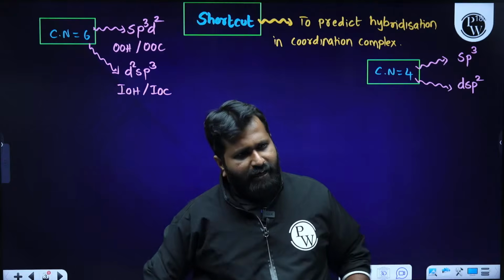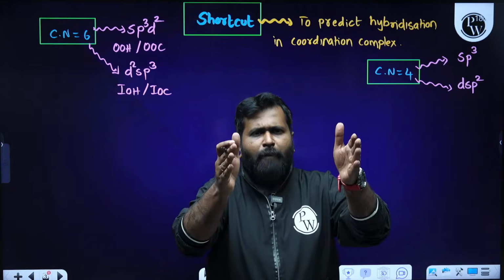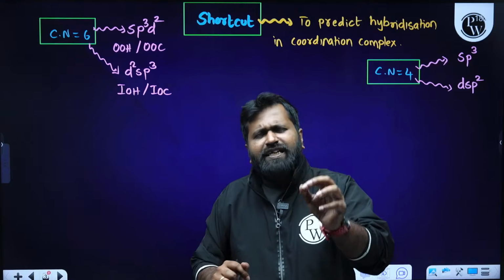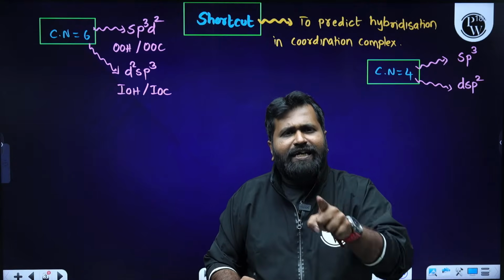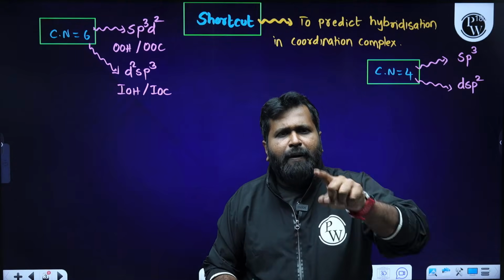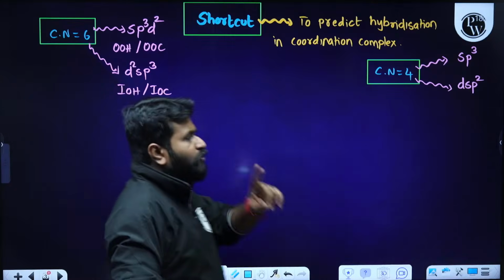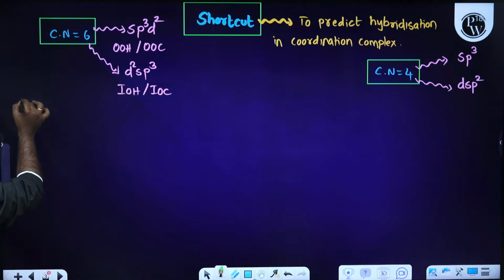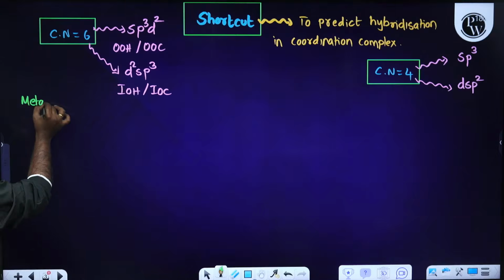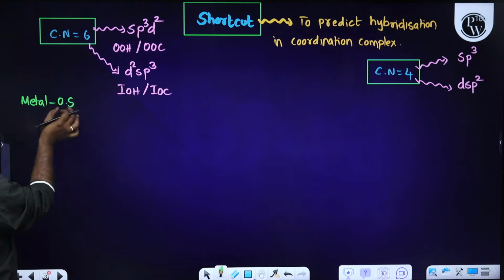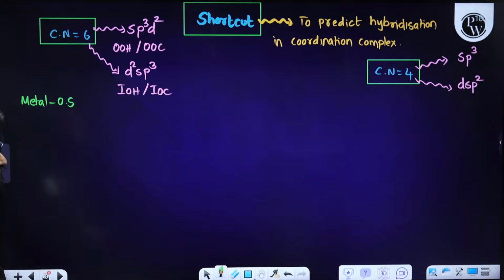Whatever the complex, there will definitely be a metal inside it. So the first thing is to find out the oxidation state of the central metal atom present in the complex.